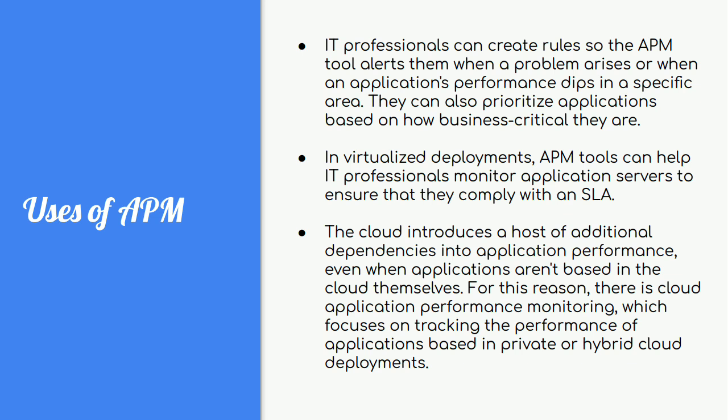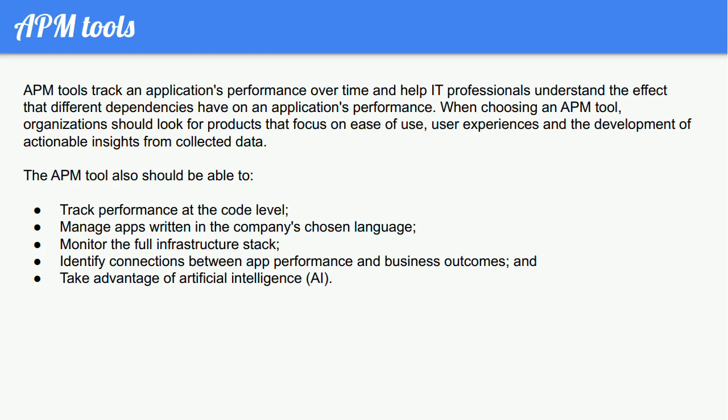The cloud introduced a host of additional dependencies into application performance, even when applications are based on the cloud themselves. For this reason, there is cloud application performance monitoring, which focuses on tracking the performance of applications based in private and hybrid cloud deployments.